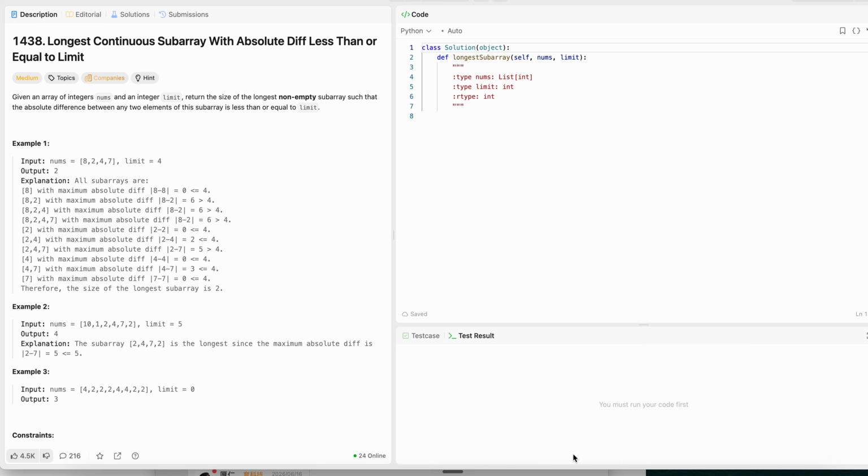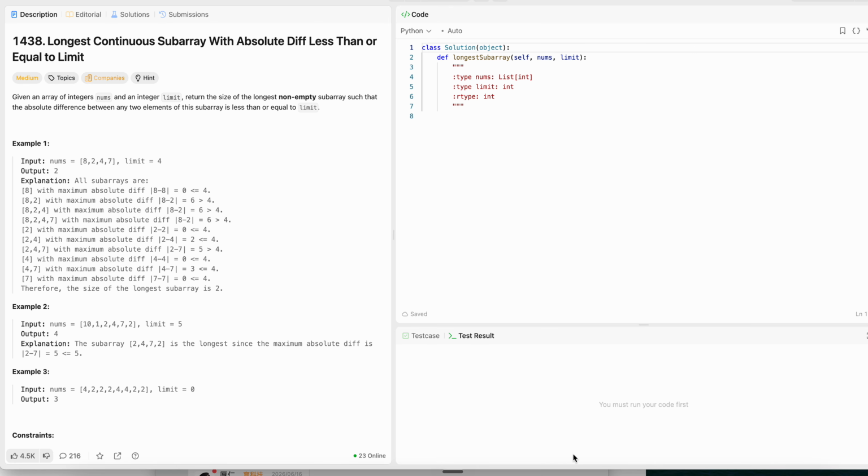Okay, I got this. So my intuition is that I'm going to use sliding window for this problem.